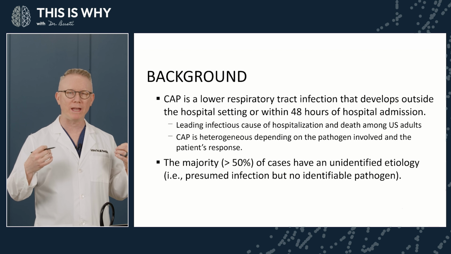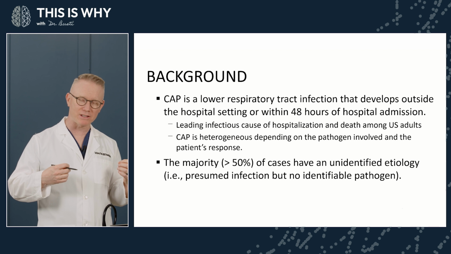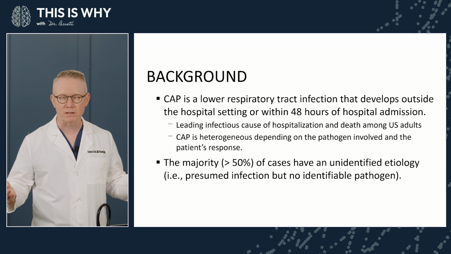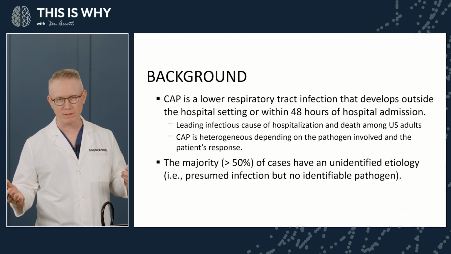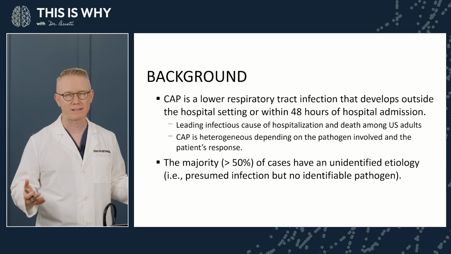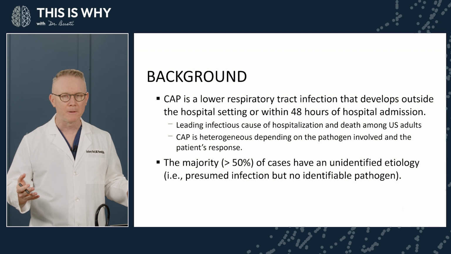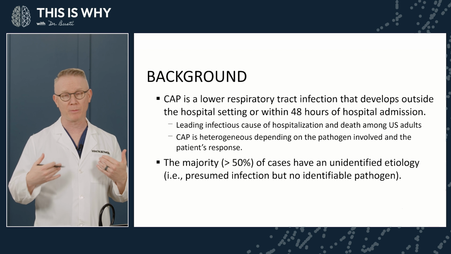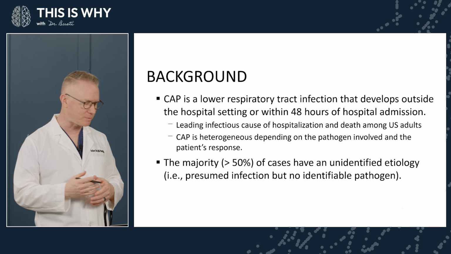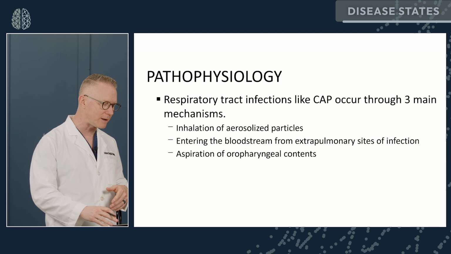With that, we need to go through the science of what the common bugs are that we are most likely going to be seeing or causing this, even if we're not seeing it on some of the labs. That guides our empiric therapy as well as their clinical response to the agents that we're using.